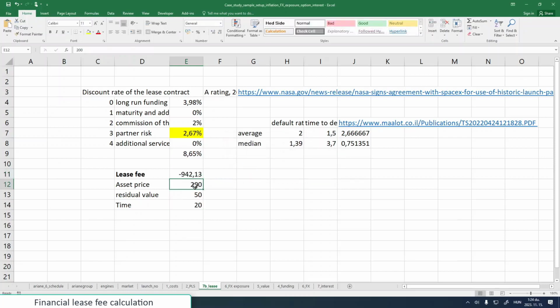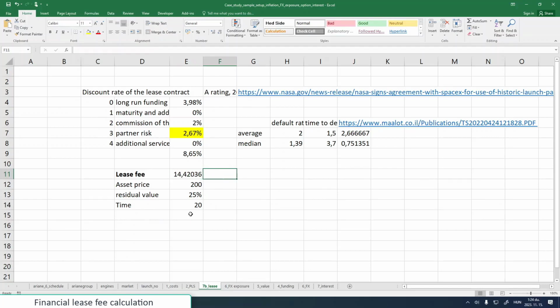Okay, so this one is the residual value percentage. It's not an actual value, it's just a percent. But we can see that we have to pay such an amount of money.